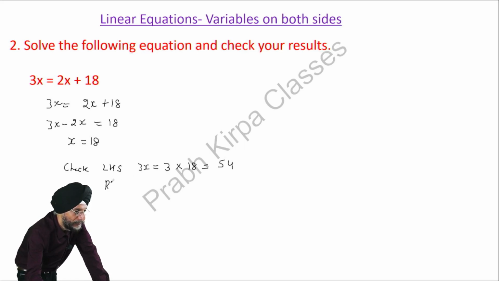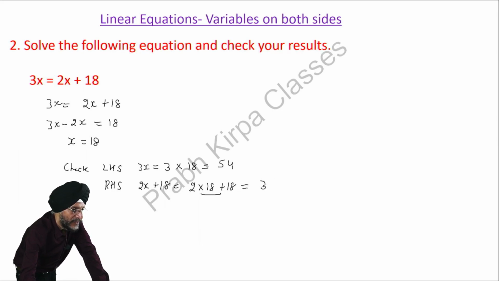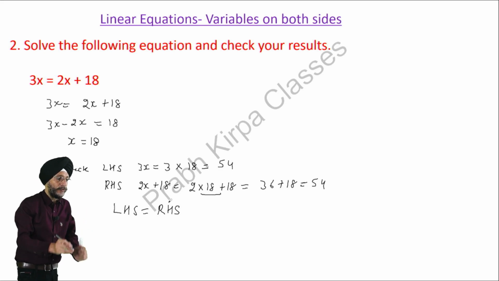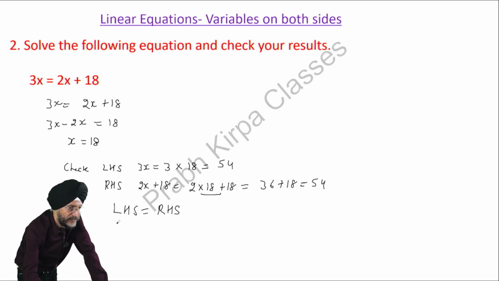Let us check the value of right hand side. 2x plus 18. 2x, x means 18, so 18 plus 18, 36 plus 18, it becomes 54. So left hand side is equal to right hand side. That is, the value of x which we had calculated is okay. Equation is okay. So hence verified.